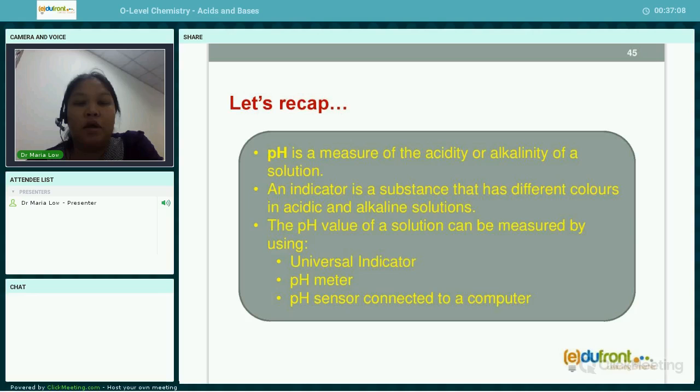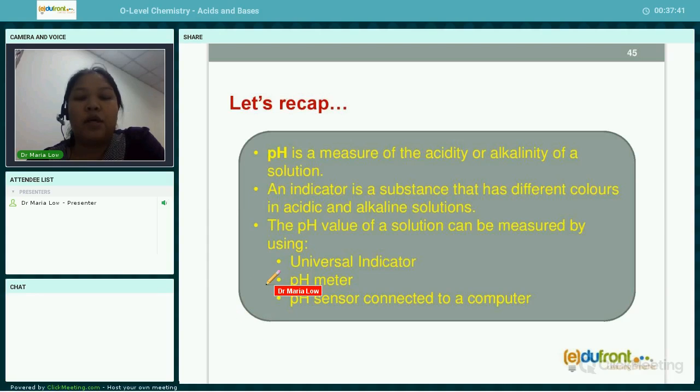And finally, let's recap on the pH scale that we have mentioned earlier on. pH is a measure of how acidic or how alkaline a solution is. And an indicator is a substance that has different colors in acidic and alkaline solutions. And how can the pH value of a solution be measured? There are 3 methods. The first method is to use a universal indicator, where there are color changes for different pH values of the solution.